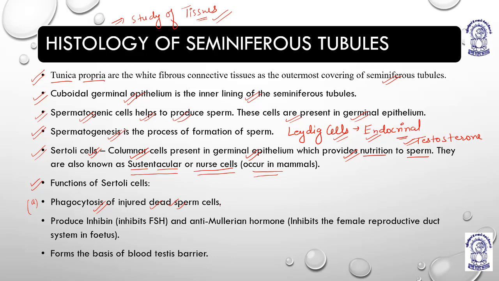Sperm cells have a lifespan of 24 to 48 hours, especially in the female genital tract.